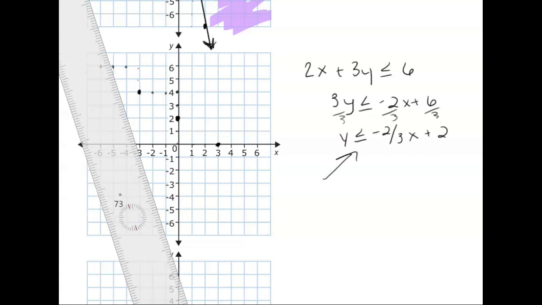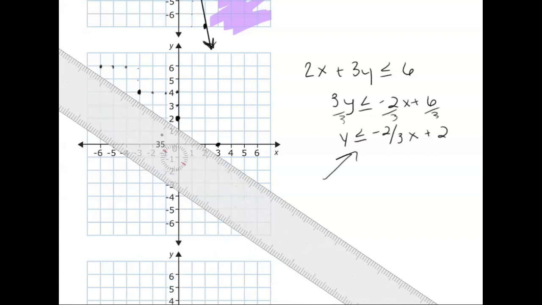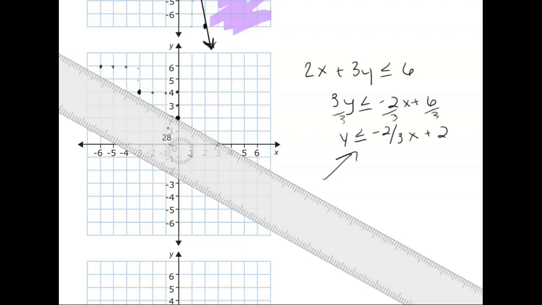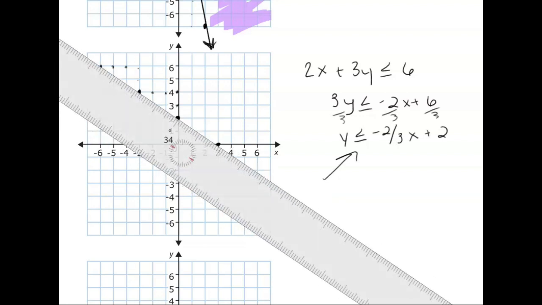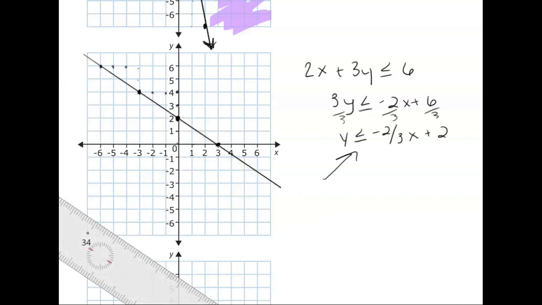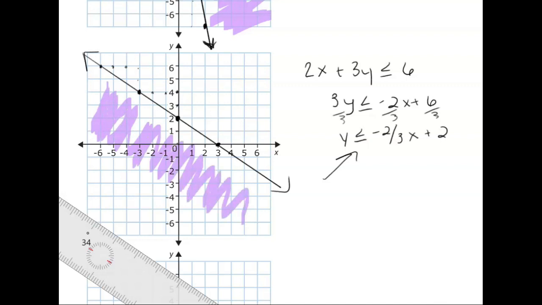We have an equal to sign. That equal to sign means I need a solid line going through my points. And then I want the values y less than, which denotes underneath the line.